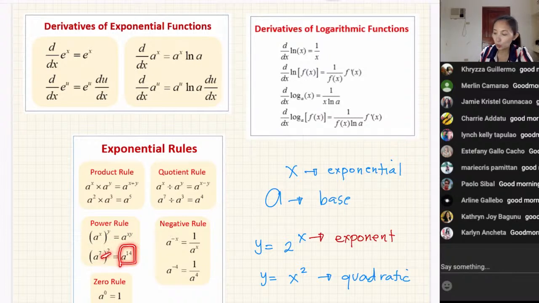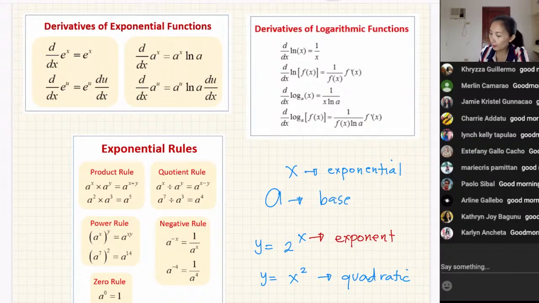Next, the negative rule: we can express a raised to negative x as 1 over a raised to x. This is very important, most particularly when you are asked to simplify or differentiate functions like 1 over e raised to x, 1 over the square root of x, and so on.